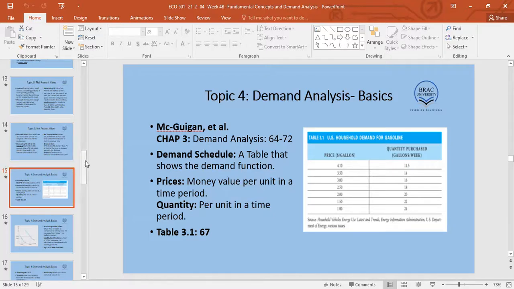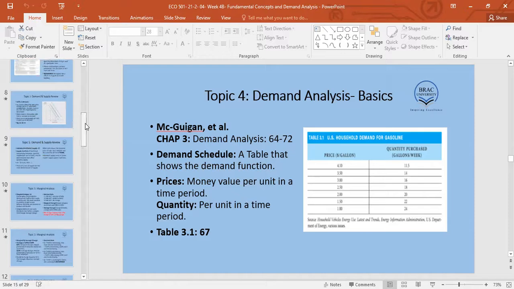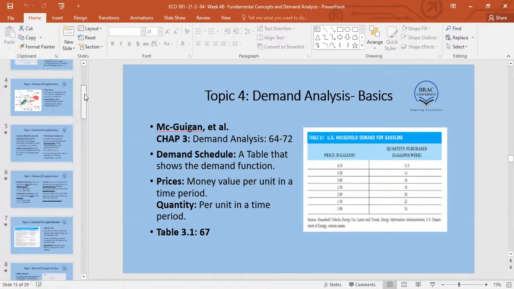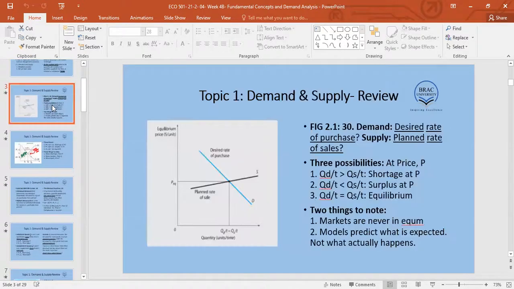That's why I intentionally showed this graph so that this confusion can be clarified. When we are talking about planned rate of sales, the firm is confronting a particular set of prices. So if it is this price, what does the firm plan to sell? Similarly, the household is also confronting that same set of prices.